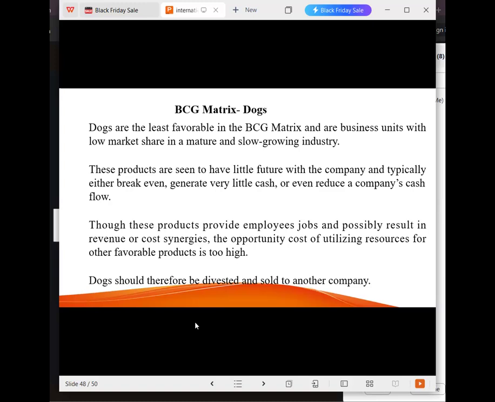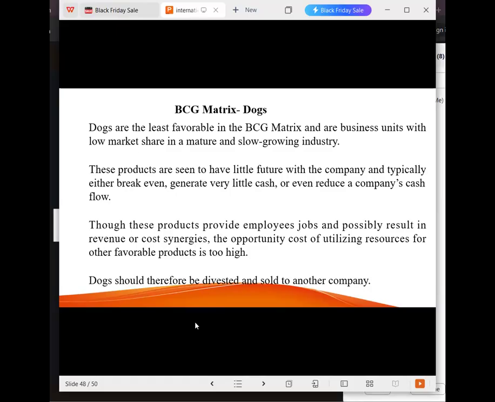Though these products provide employee jobs and possibly result in revenue or cost synergies, the opportunity cost for utilizing resources for other favorable products is too high. So dog should therefore be divested or sold into another company.